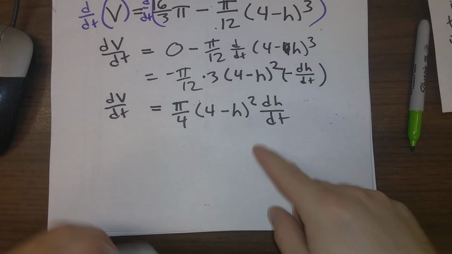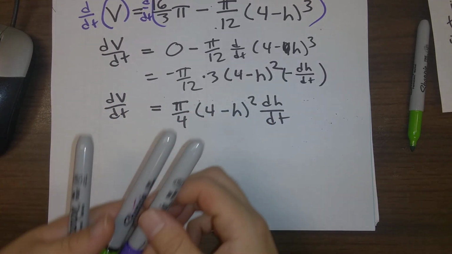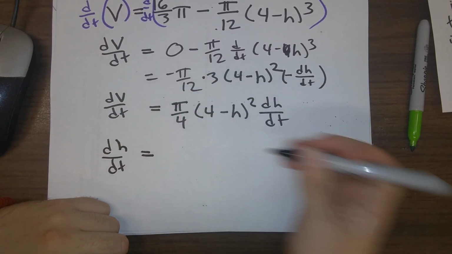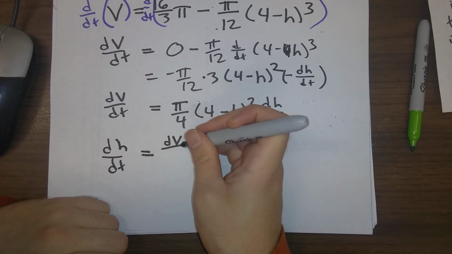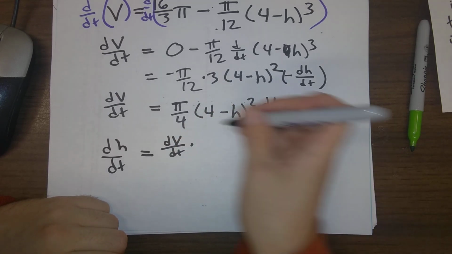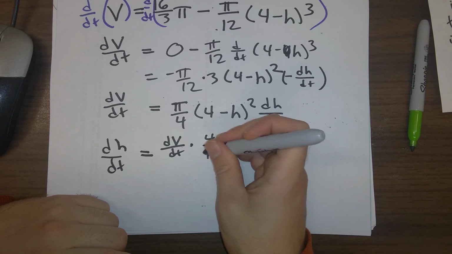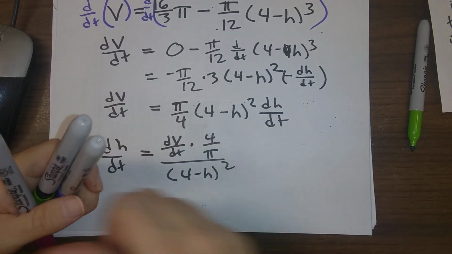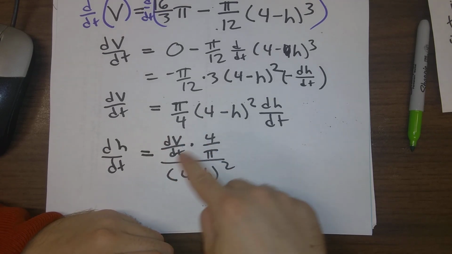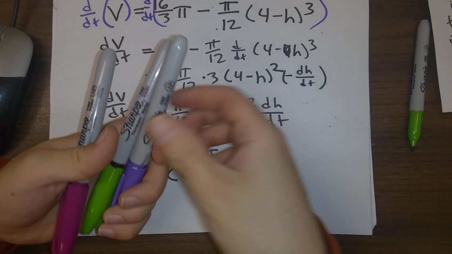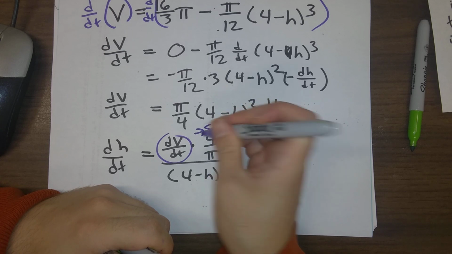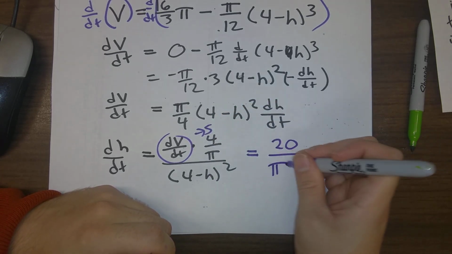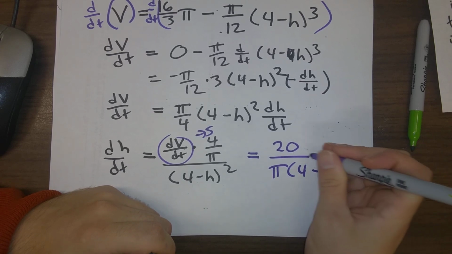If we rearrange this, dh/dt is equal to dV/dt divided by all this stuff. So that's times 4 over pi divided by 4 minus h, all of that squared. And the last thing to do is that we remember dV/dt in this particular problem was 5. So we end up with 20 over pi times 4 minus h squared.